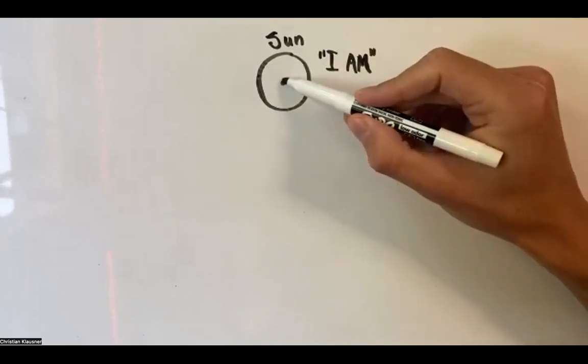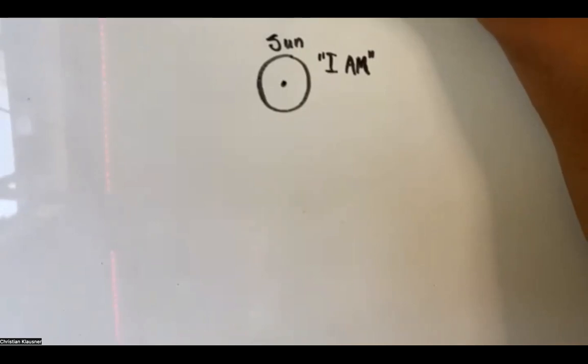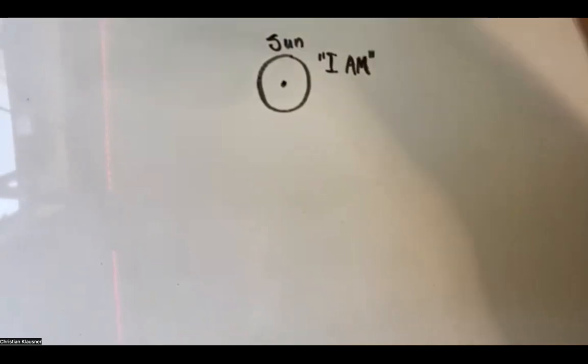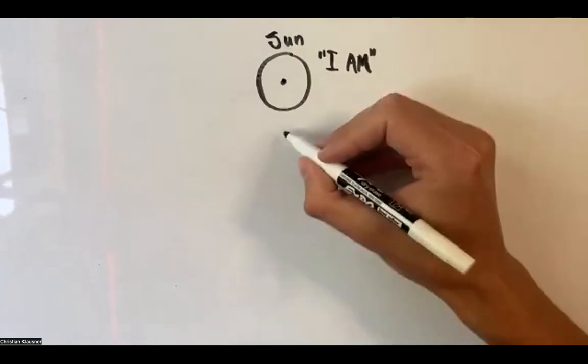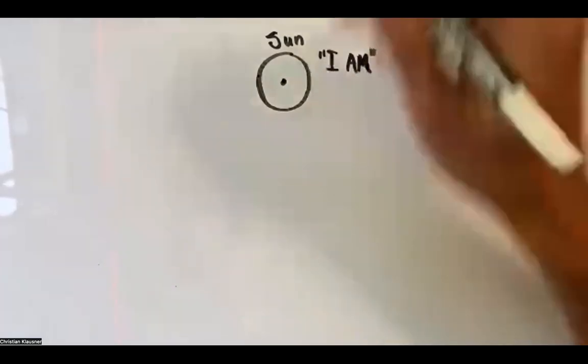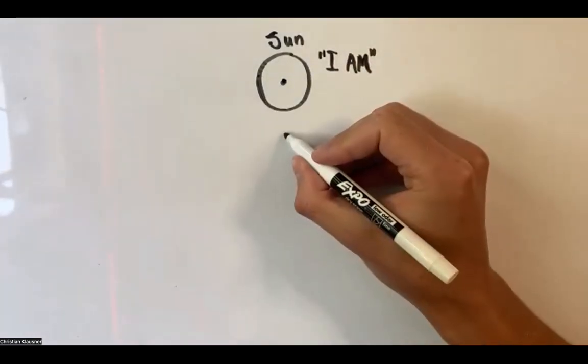It really just shows how you shine from your center. Okay. So that's the sun. Now we're going to draw the next symbol, which is the moon. So the moon, typically, it goes this way.